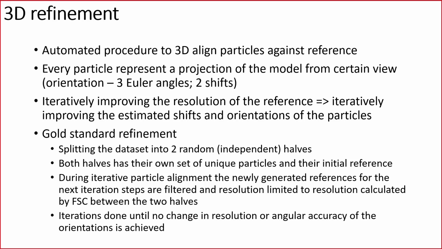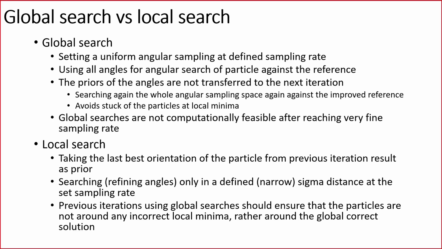We are estimating the resolution of these volumes using the FSC between them, and then low-pass filtering these volumes to that certain resolution is our next reference going to the next iteration. We continue until there is no change in the resolution or there are no significant changes in our orientations, so that they cannot improve the resolution more.